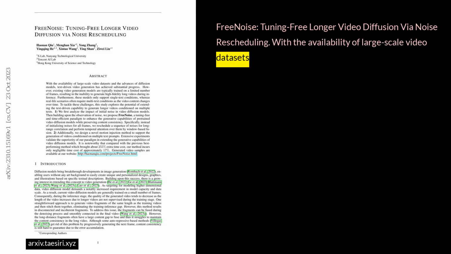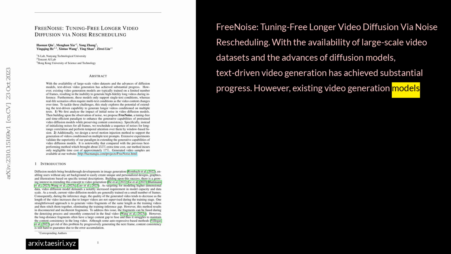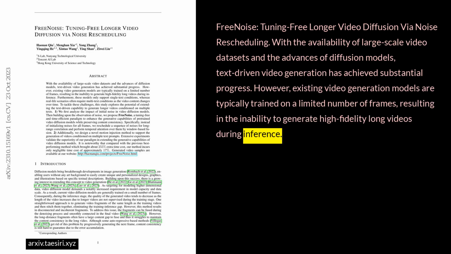FreeNoise: tuning-free longer video diffusion via noise rescheduling. With the availability of large-scale video datasets and the advances of diffusion models, text-driven video generation has achieved substantial progress. However, existing video generation models are typically trained on a limited number of frames, resulting in the inability to generate high-fidelity long videos during inference.